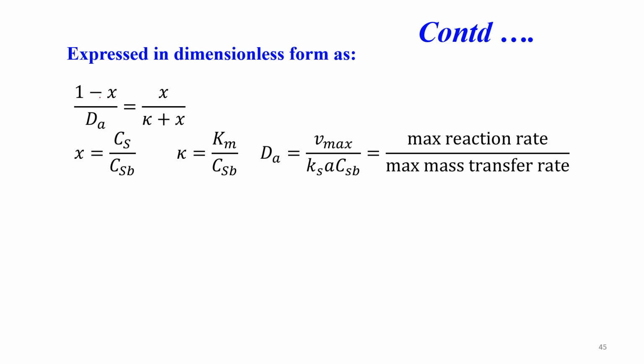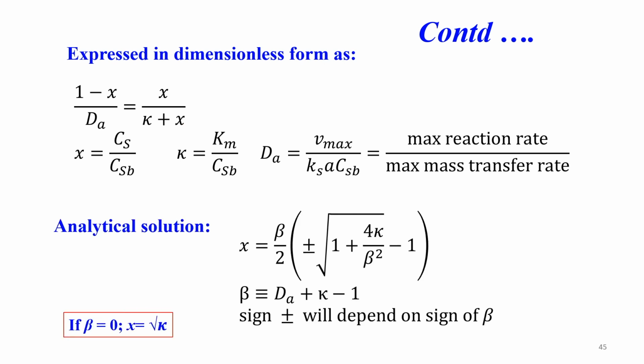Now, we can go back again to the same expression. It says (1 minus x) upon Da equals x upon (kappa plus x). So, we can try to solve this expression.